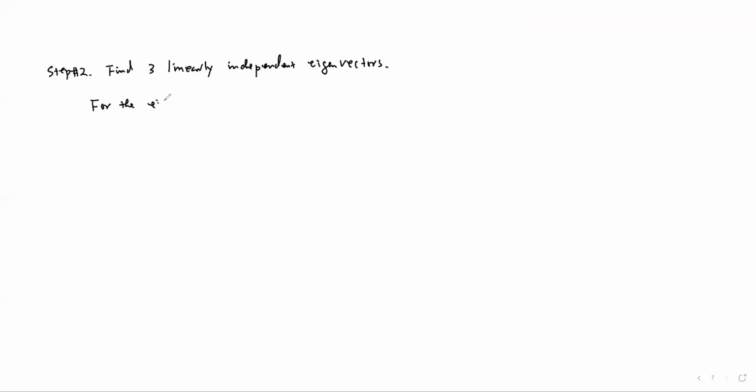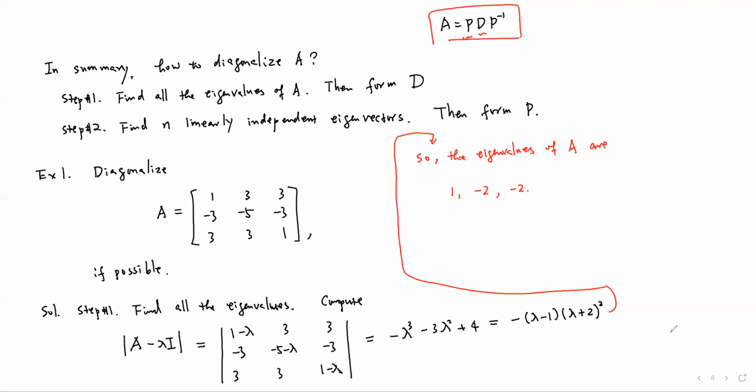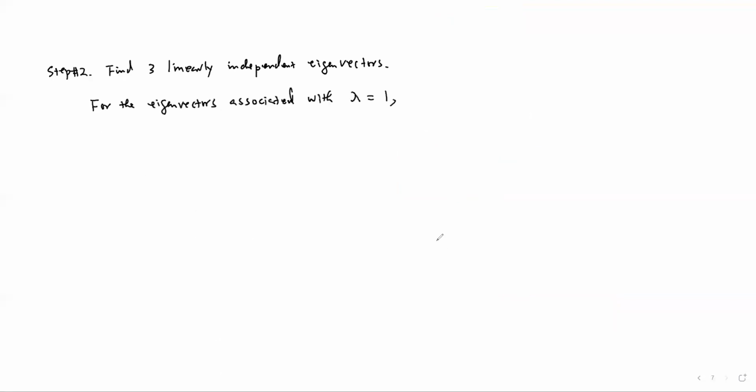For the eigenvectors associated with the eigenvalue 1, how to find eigenvectors corresponding to eigenvalue 1?